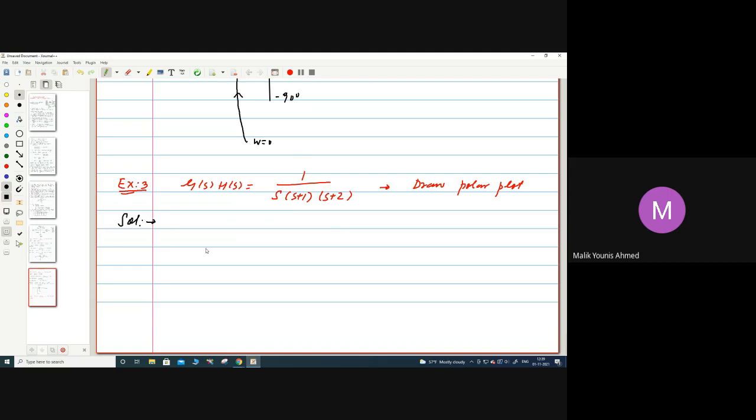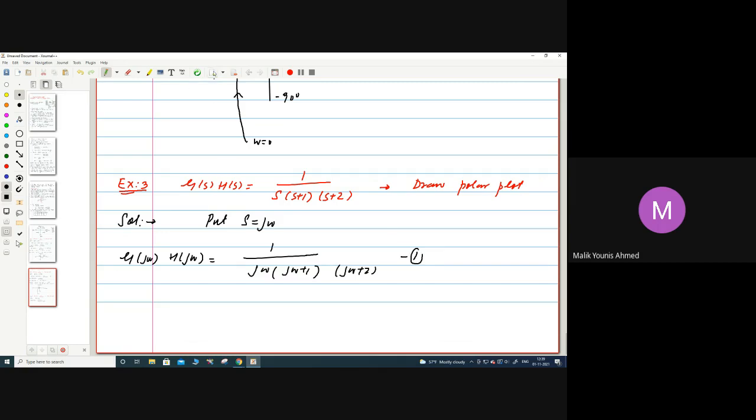Solution of this is: put s equal to j omega. So we have G(j omega)H(j omega) equal to 1 divided by j omega (j omega plus 1)(j omega plus 2). Let us call this equation number 1.